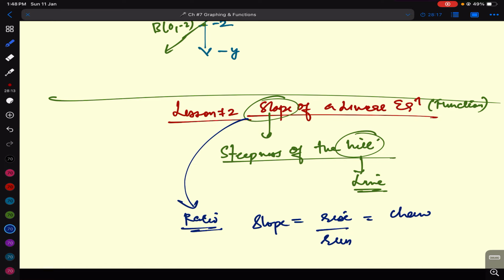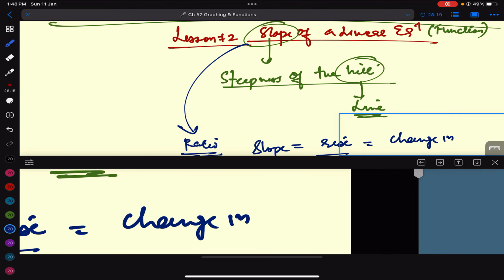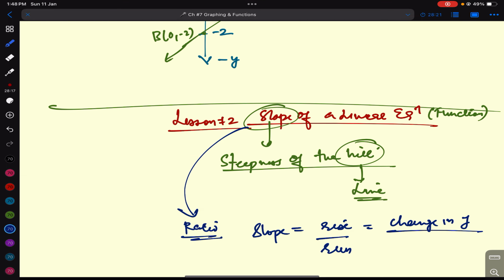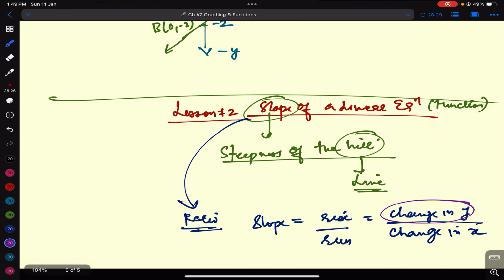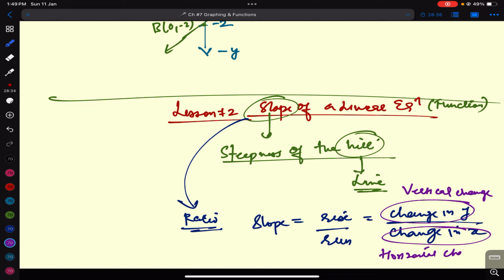It is your change in y, or the vertical change. And what is run? That is change in x, which is your horizontal change. Clear? So slope is the ratio of change in y to change in x.